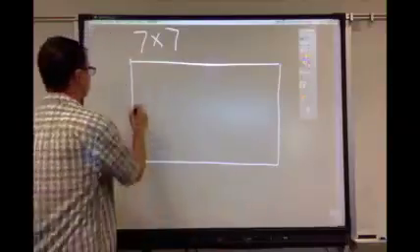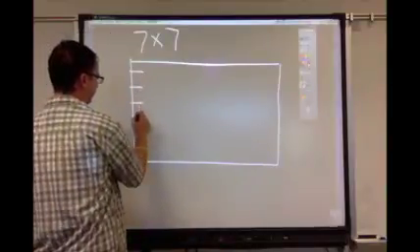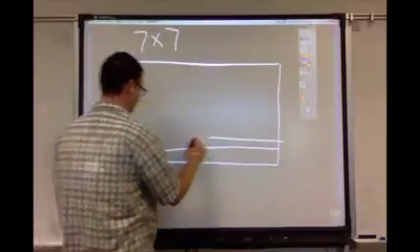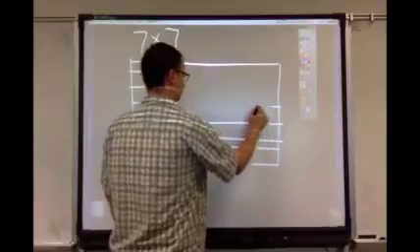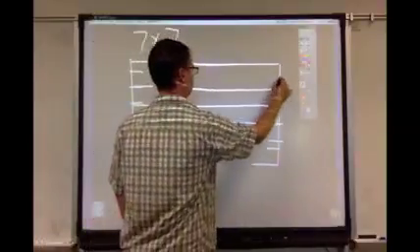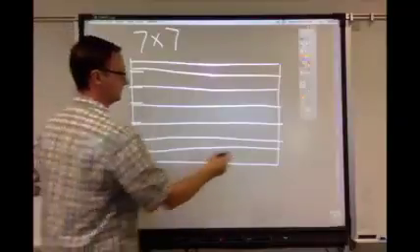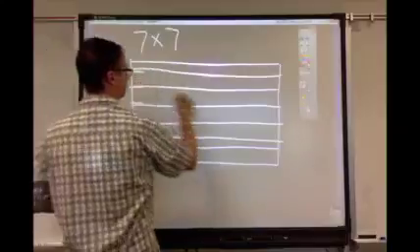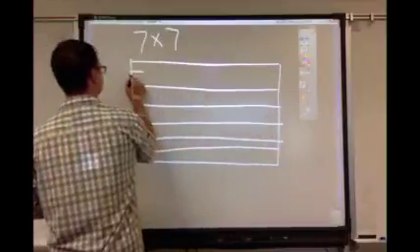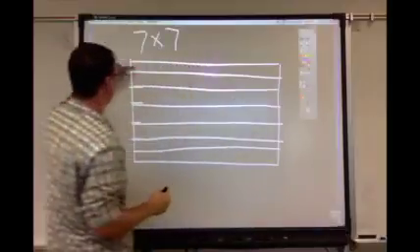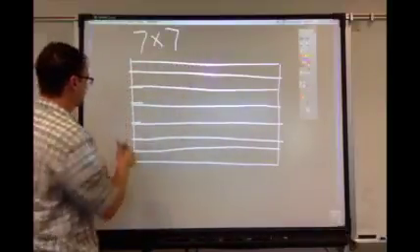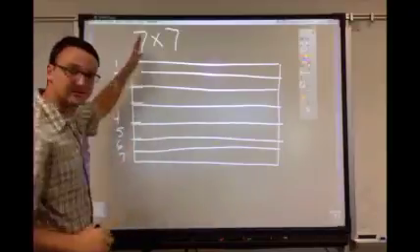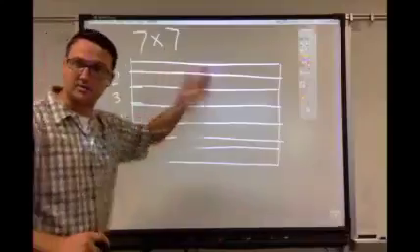There's 1, there's 2, there's 3, there's 4, there's 5, there's 6, there's 7. 7 rows. And now we got to do 7 columns.